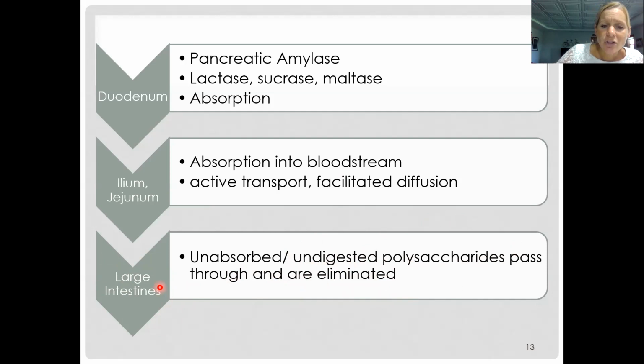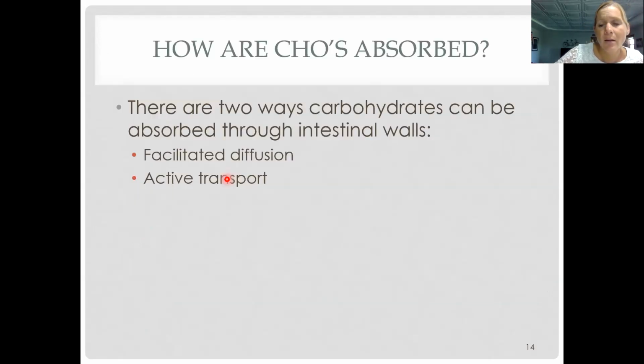Keep in mind, we're actually going to absorb over 90% of the calories that we're consuming, particularly carbohydrates. Those are one of the easier ones for us to break down and absorb. So again, we talked about, in general, the process of absorption involves the movement of these food molecules from inside the digestive tract into the bloodstream.